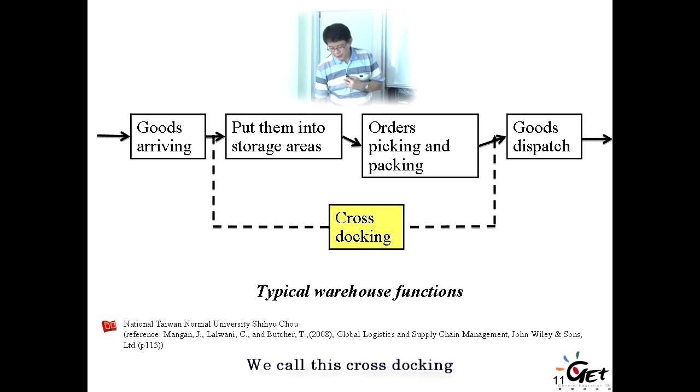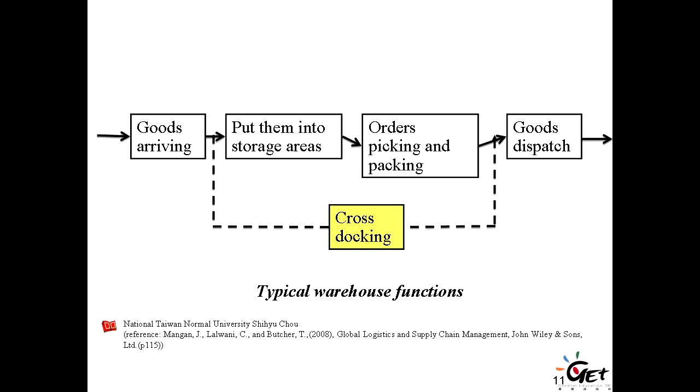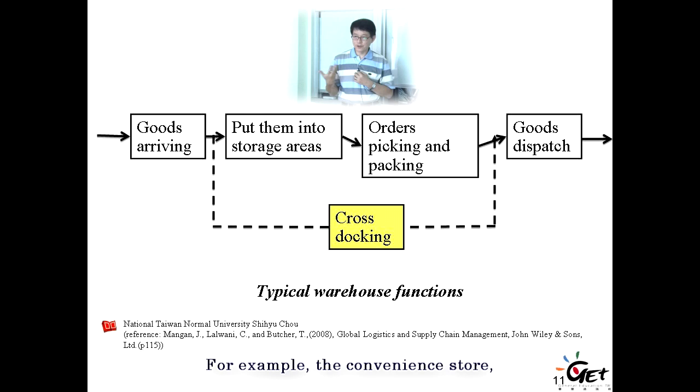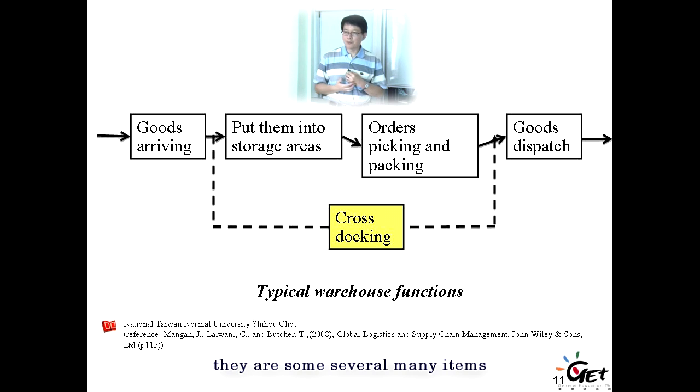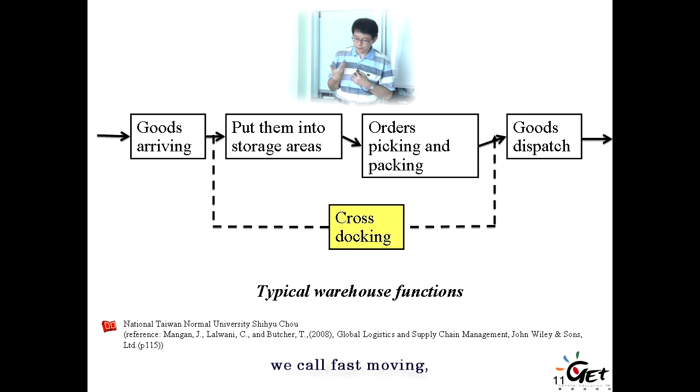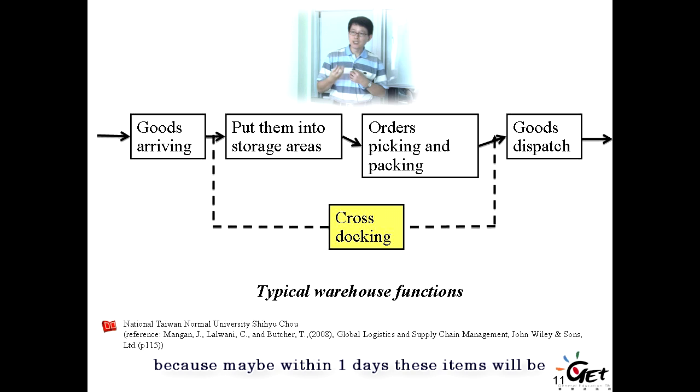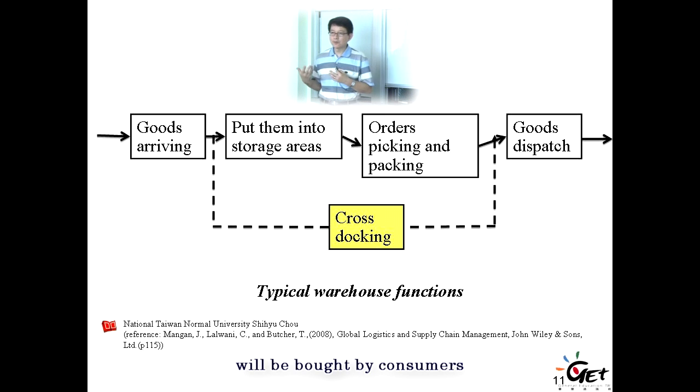We call this cross-docking. That means we just skip two functions, the storage and some other processing tasks. So basically, this is a strategy for so-called fast-moving products. For example, in a convenience store, there are many items we call fast-moving, because maybe within one day, all these items will be bought by consumers.